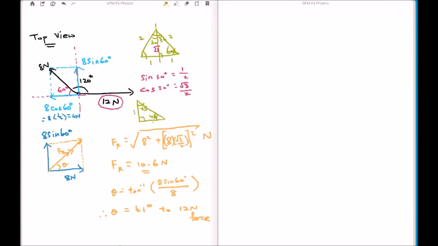So the length here is 1, 1. So this is root 2. Sine 45 is 1 over root 2. Cos 45 is also 1 over root 2. Okay. You may need to pause this video and then set out a table.